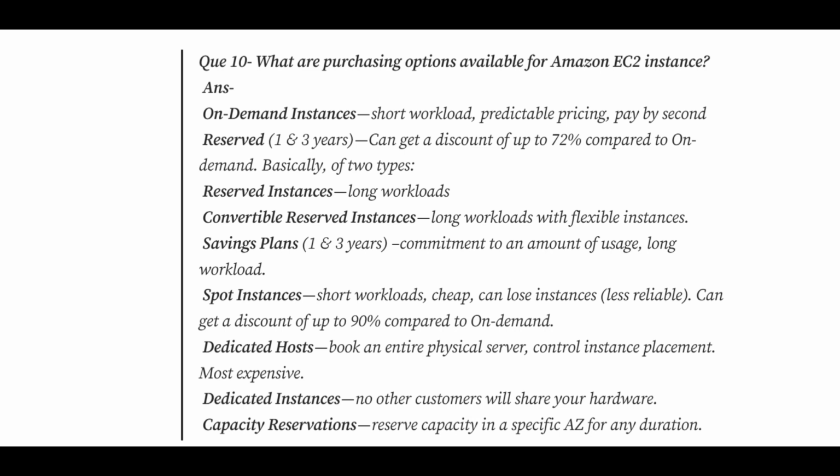Coming to dedicated instance, these are instances which no other customer will share with you. You have the physical hardware or the instance which is only dedicated to you. Apart from that, we also talk about an instance with capacity reservations, where we reserve capacity in a specific AZ for any duration.